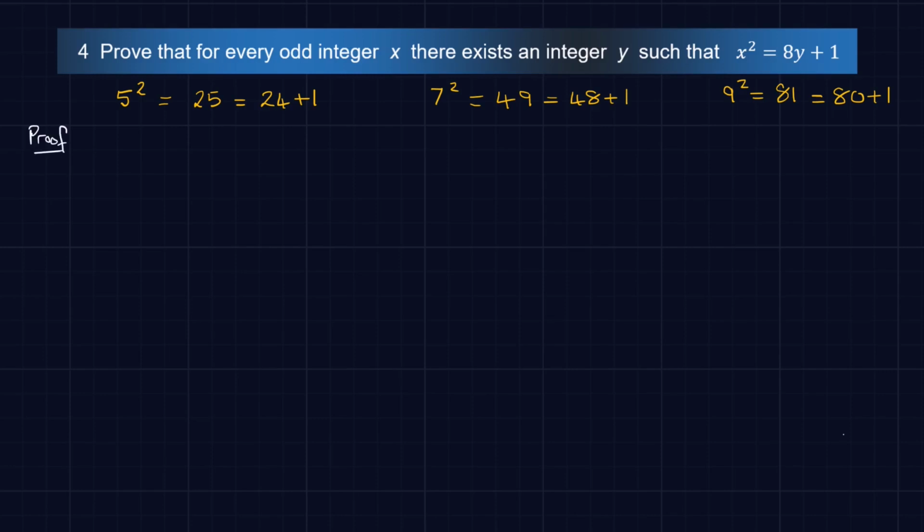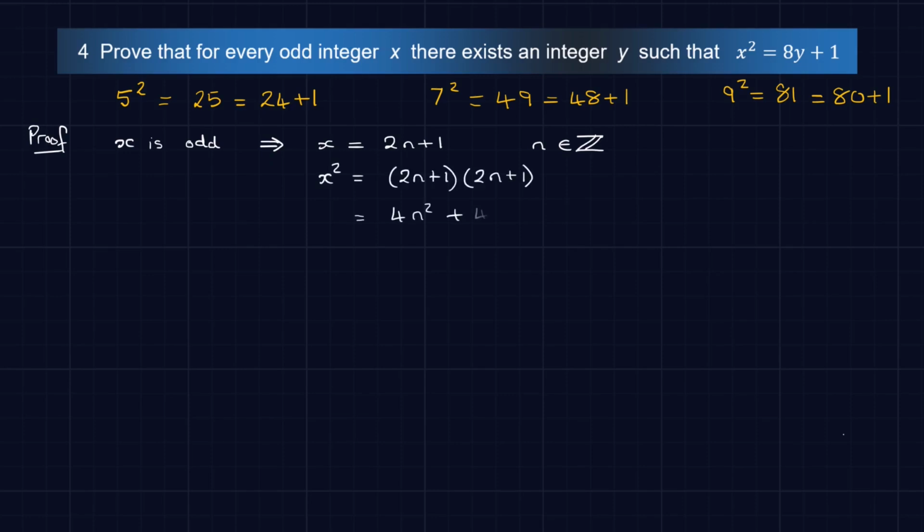Our starting point for a proof is that x is odd. So we can write x equals 2n plus 1, where n is an integer. Hence x squared is this, which gives this. We're happy to see that plus 1 term, so let's factorize the first 2 terms.